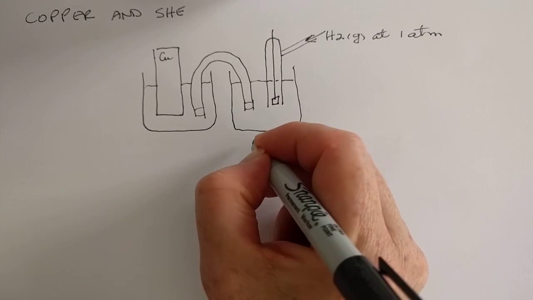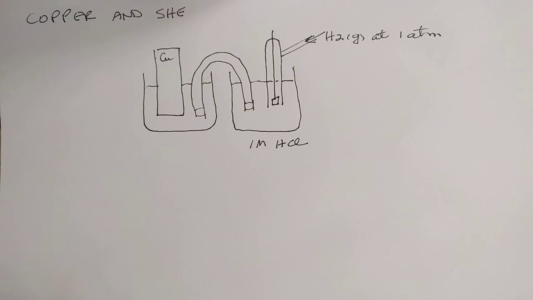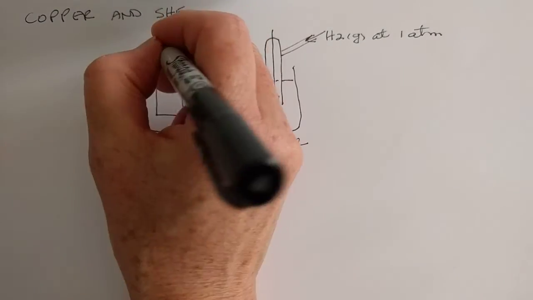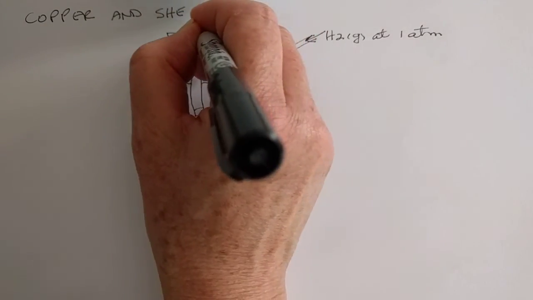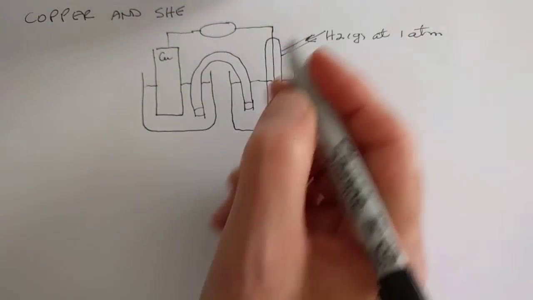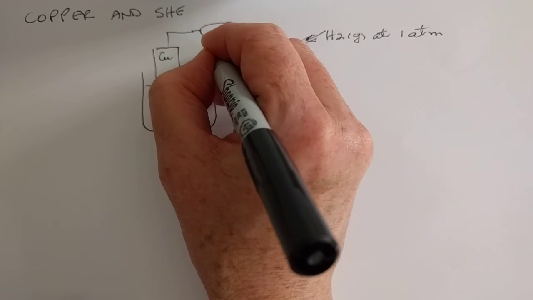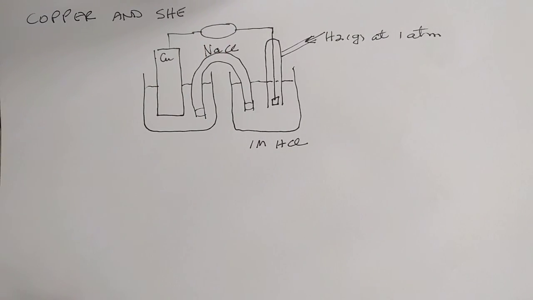And then we have 1 molar HCl or some kind of acid. And now it's got to be hooked up: our voltmeter connected to our SHE, connected there. And we have some NaCl in our salt bridge, and we want to see what happens.